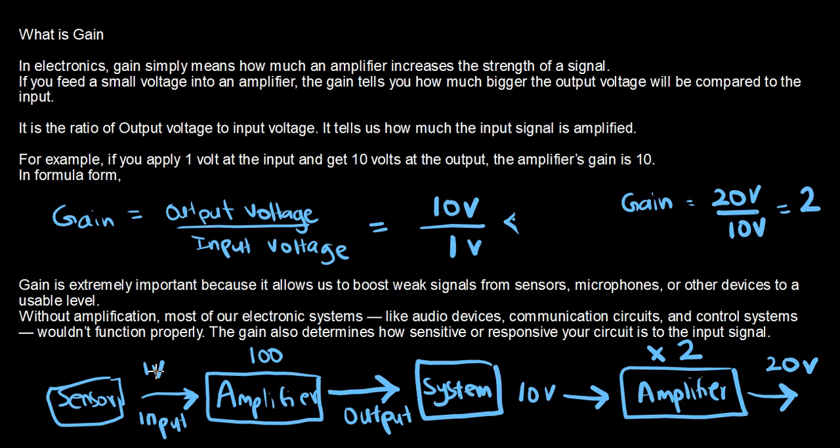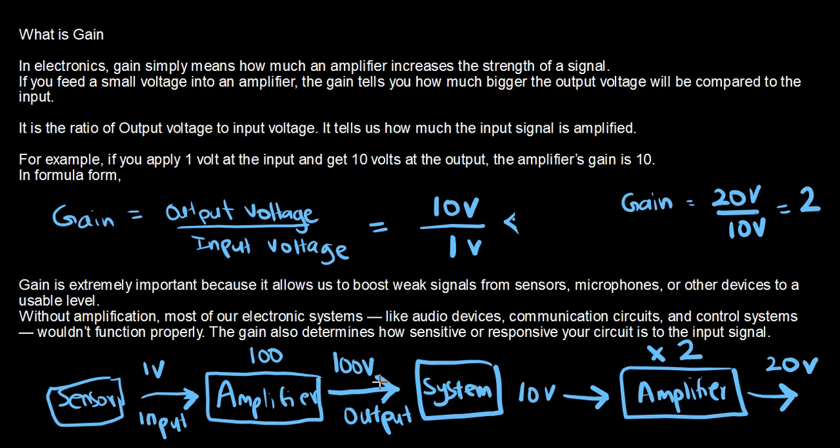The amplifier multiplies the input voltage by the gain, and you would get a voltage of 100 volts here. So this 100 volts could be easily read by the system.